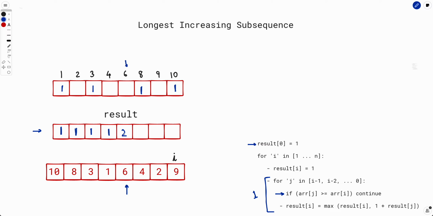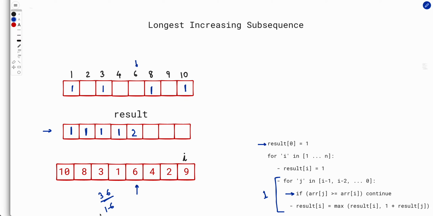It means that the length of the longest increasing subsequence that ends at 6 is 2. And you can see 3 and 6 is one possible subsequence. So it ends at 6 and it is of length 2. Similarly, 1 and 6 is one possible subsequence. It also ends at 6 and it also has a length of 2, right? So the 2 value here makes sense.